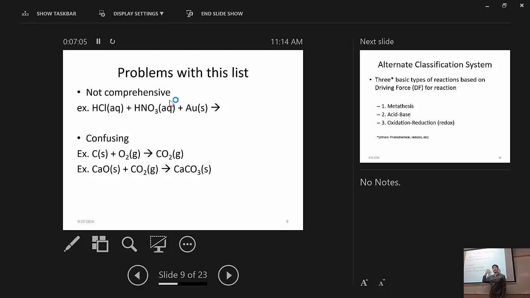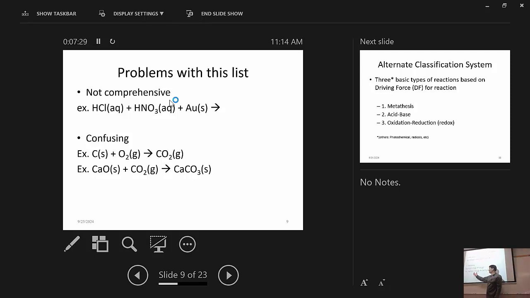But these have totally different characteristics to them. And what are the characteristics? The characteristics are what I call the driving force for the reaction. And so these two are totally different in terms of that. This one up here is called a redox because it has a redox driving force.